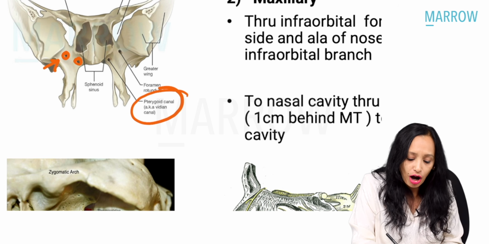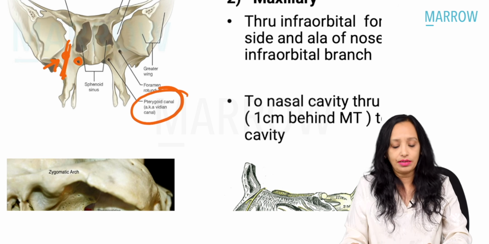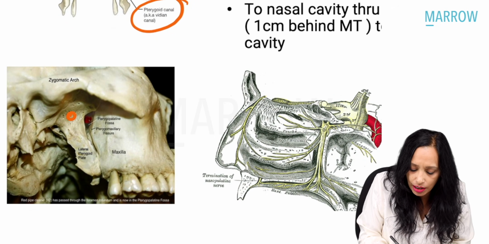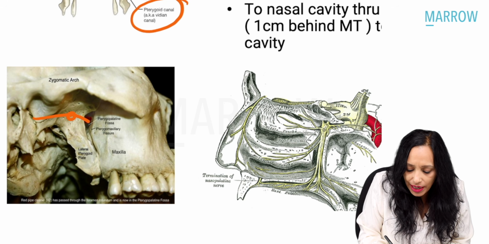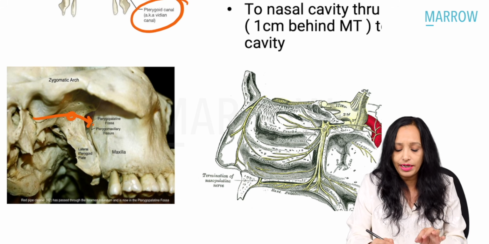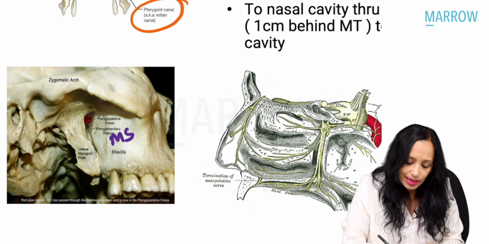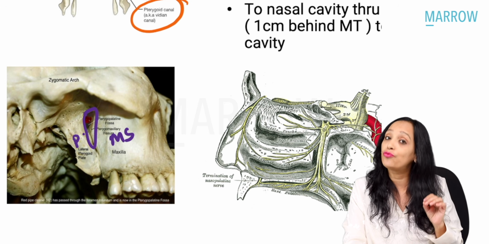Okay. So from the foramen rotundum, the maxillary will exit the cranium, and the moment it exits the cranium, it will directly enter into this space in between the maxillary sinus anteriorly and the pterygoid plate posteriorly. This is known as the sphenopalatine fossa.